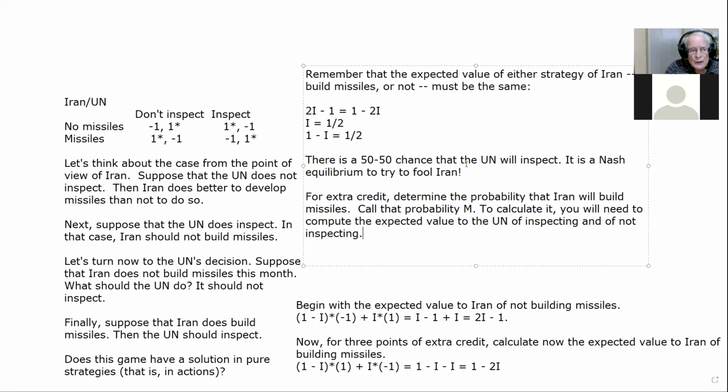Okay, so far, any questions about how to calculate a mixed strategy?